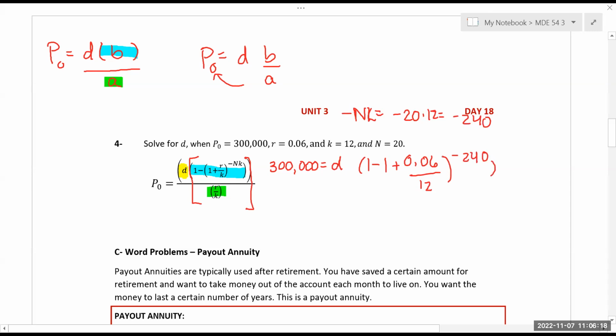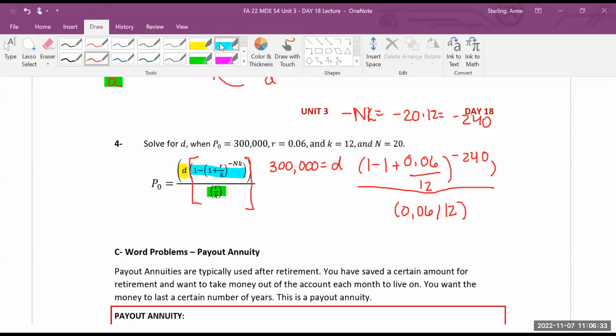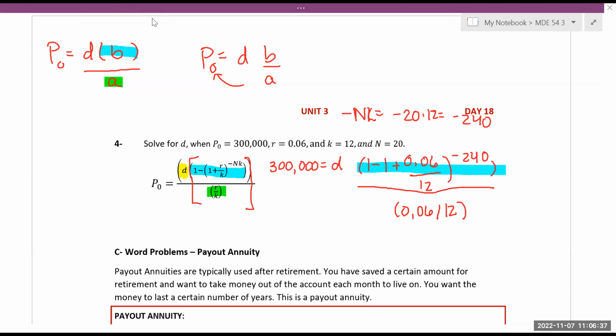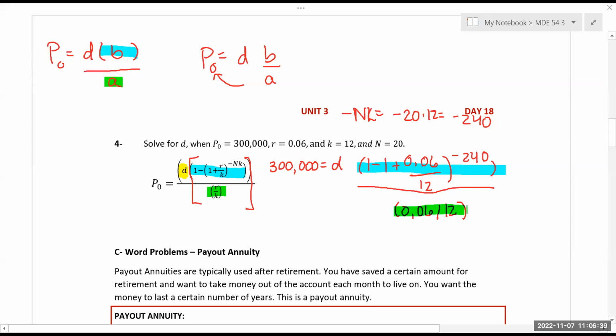Now this time there's only going to be the 1 out here because I took 1 when I removed the D. D had its own before. And then 0.06 divided by 12. So I'm now going to take all of this blue piece and get an answer, and then divide it by the green piece and get an answer. So I'm going to have to go over to my calculator for this. So take a moment to make sure you have it written down.